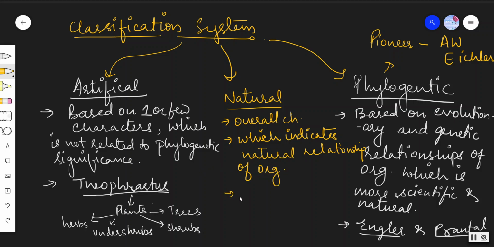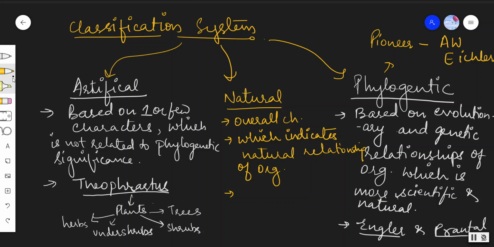Who proposed the first natural system? There are three scientists who gave the most important system of classification of angiosperms through the natural system.